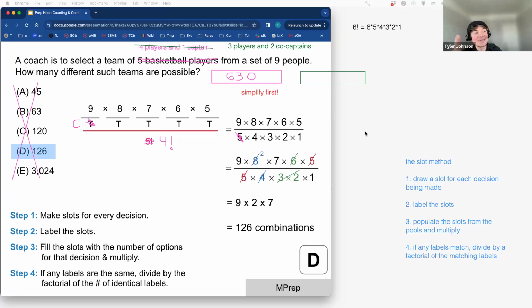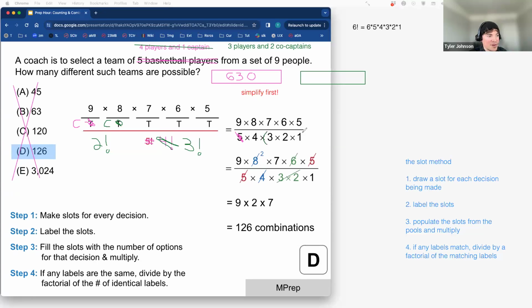Sorry, I was muted. This new example is going to affect our labels once again, because now instead of a single C, we've got 2 co-captains. So I've got 2 C's and 3 T's, and each of those gets its own factorial. So we need to divide by a 2 factorial for the captains, and then a 3 factorial for the teammates.